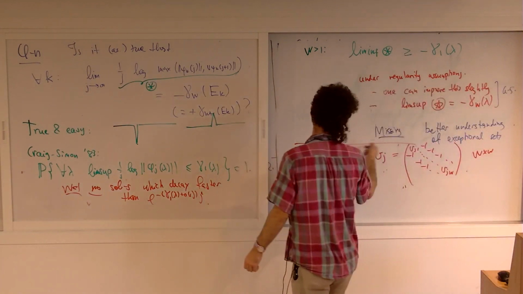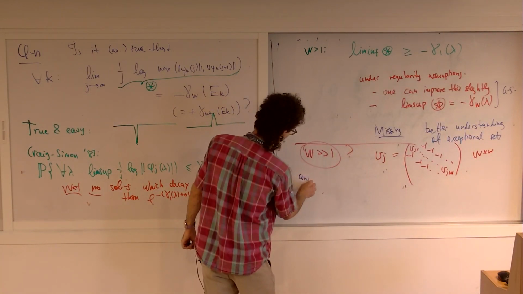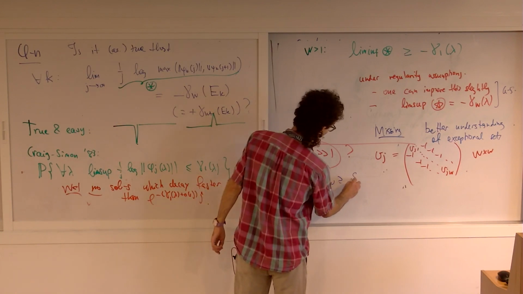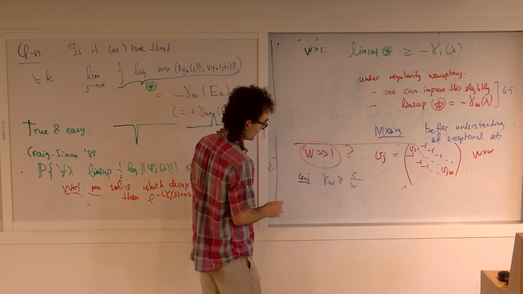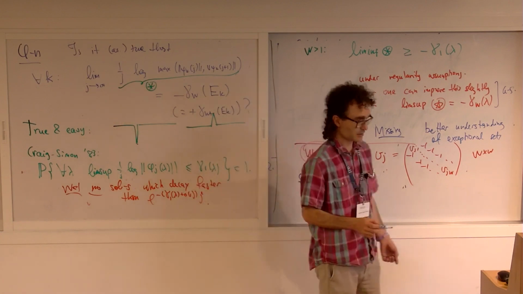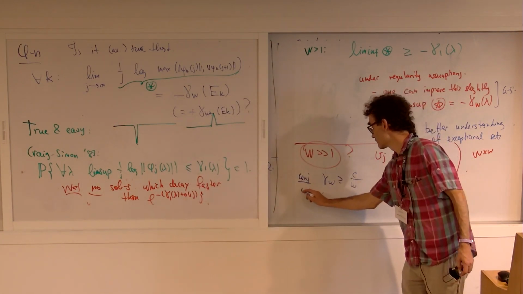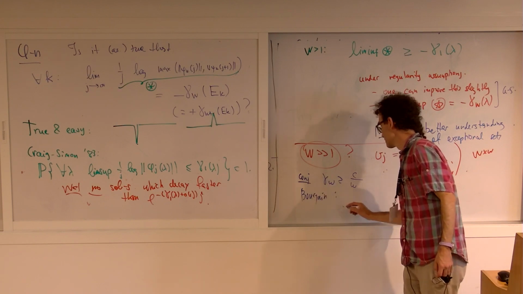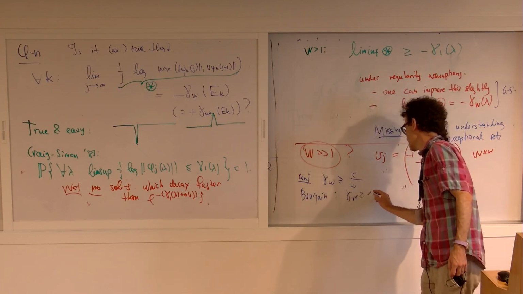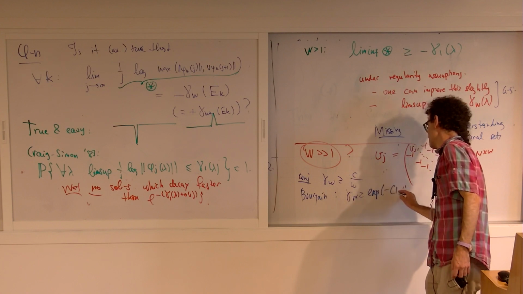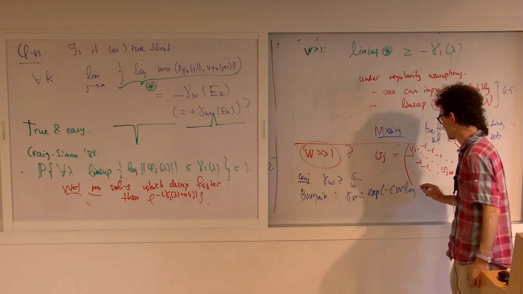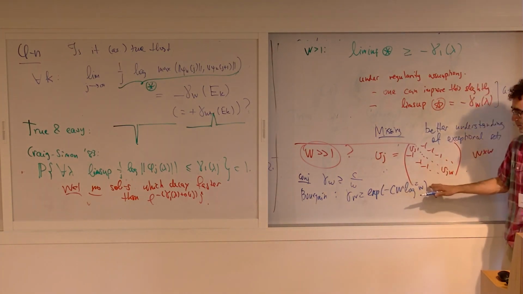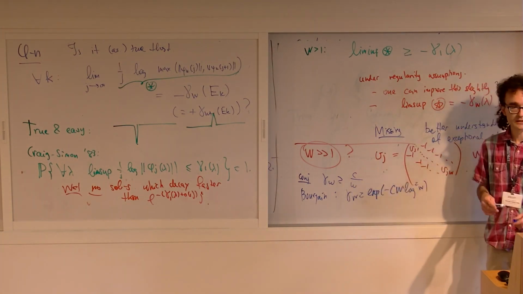So, for example, for this case, the conjecture is that gamma_W is bounded from below by a constant divided by W, and the best result I am aware of, due to Bourgain, is something like e to the minus W times log to some power, log squared W. So you see, there is a huge gap between what is known and what is expected.